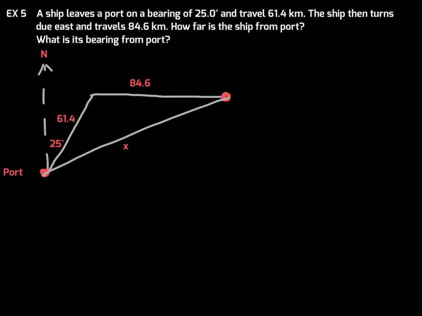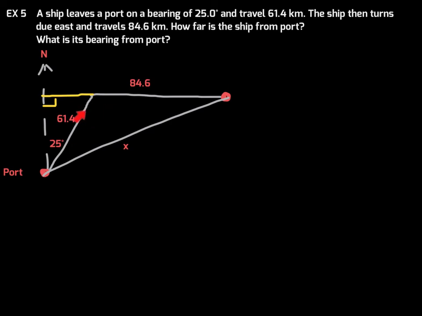All right, so there's our picture. What I would like for you to realize is we can make a right triangle right here. Do you see that right triangle? The reason that's important is because I believe that will help us get this angle here.